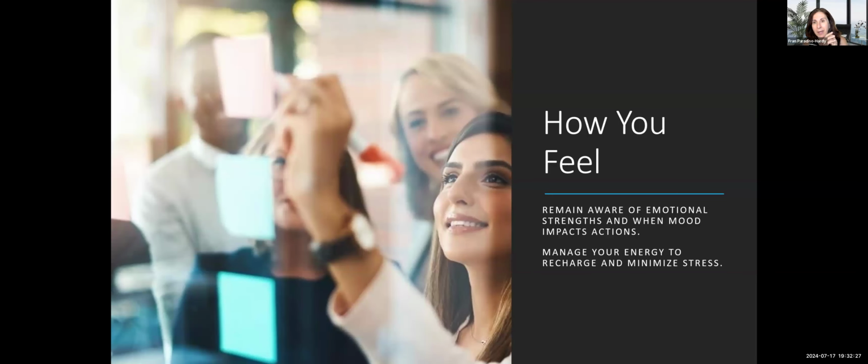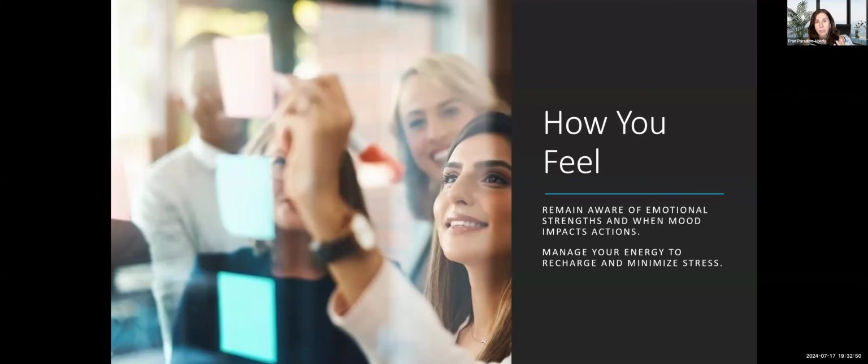What do we mean by how you feel? What I've always said is that the best leaders that I have come across in my professional career are the ones that have tremendous self-awareness. What I mean by this is that they are fully aware of their emotional strengths as well as their blind spots.